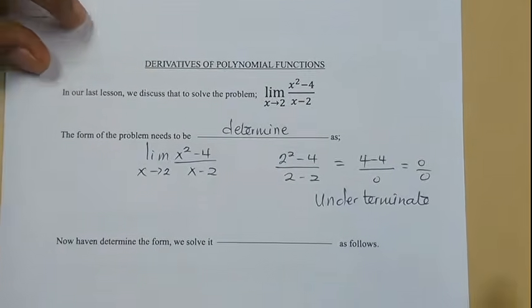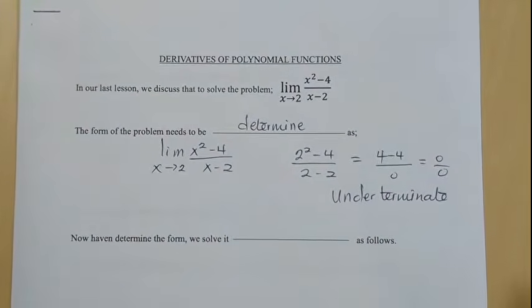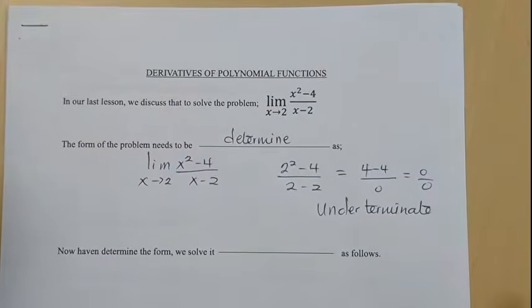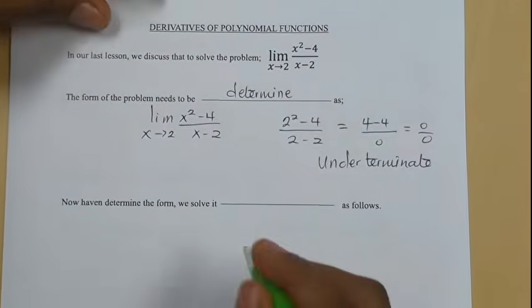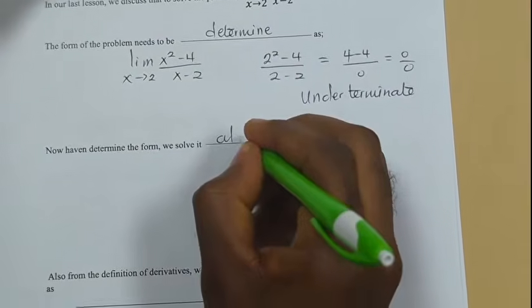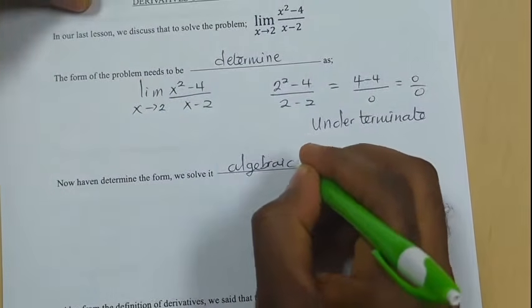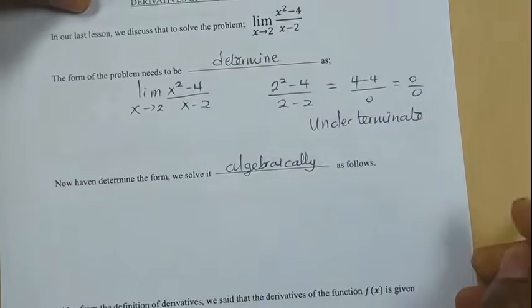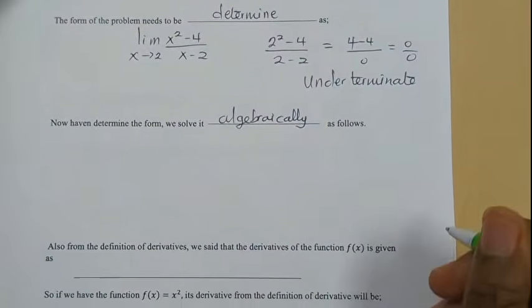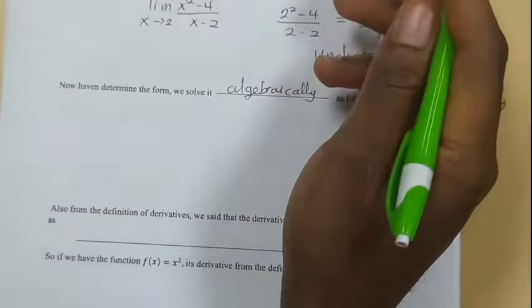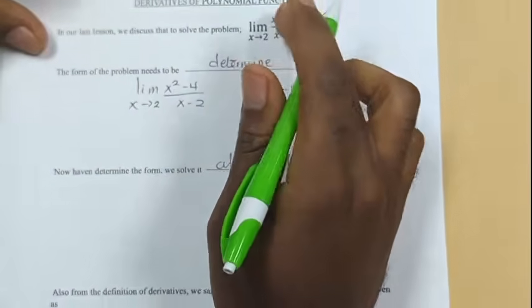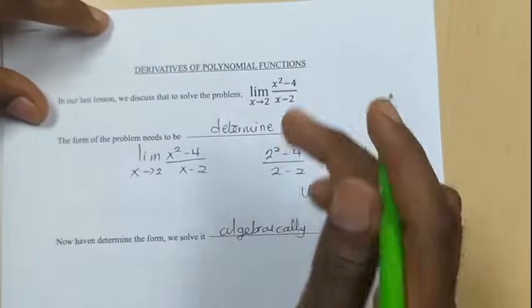So having known that the function is an indeterminate form, what do we do? We said that we have to solve it algebraically. So let's proceed as we solve this algebraically. We said that first we need to expand the function at the top.